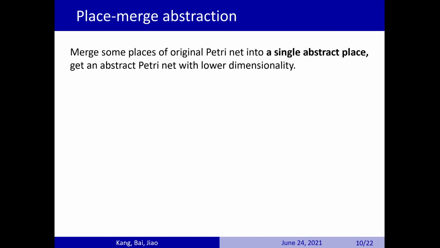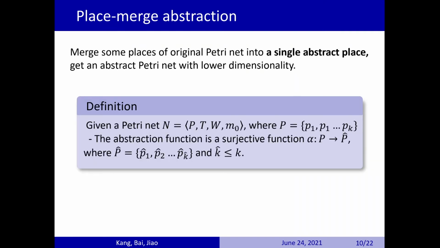It can reduce dimensionality by merging some places of the original Petri net into a single abstract place, and then get an abstract Petri net with lower dimensionality. Here is the definition of the abstraction function. It is a surjective function and maps original place P to abstract place P-hat.